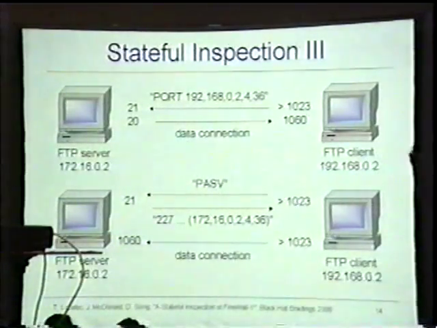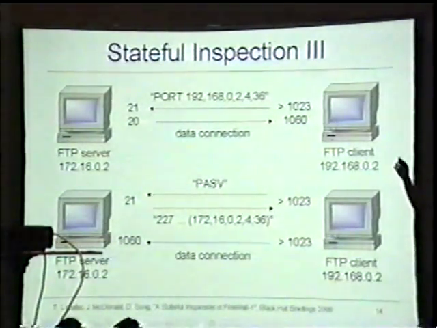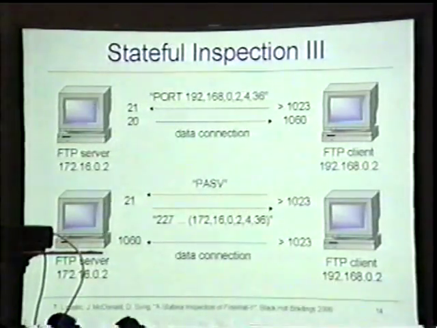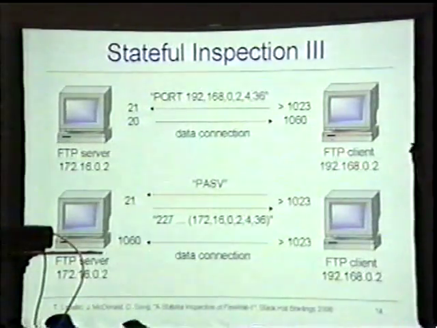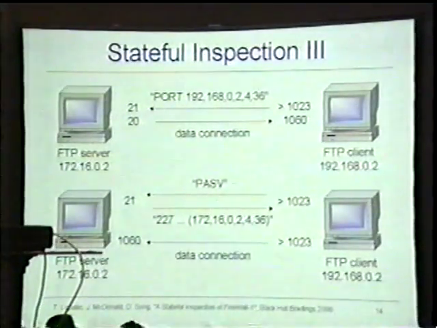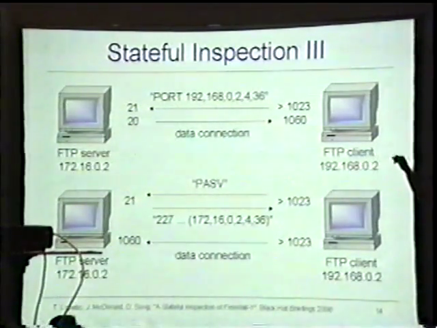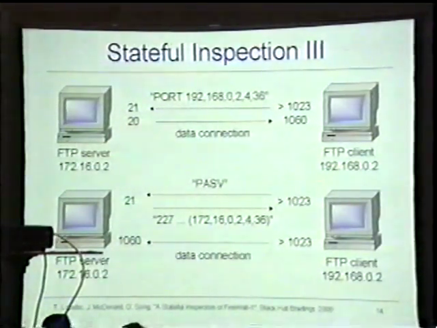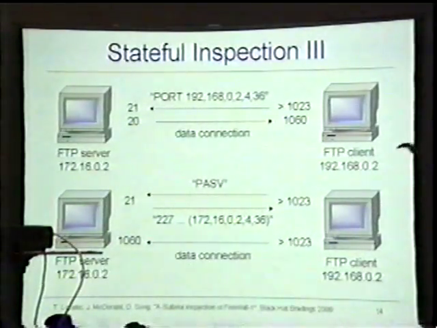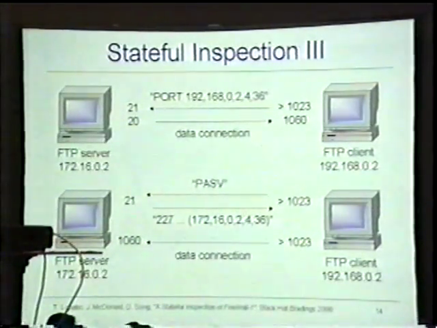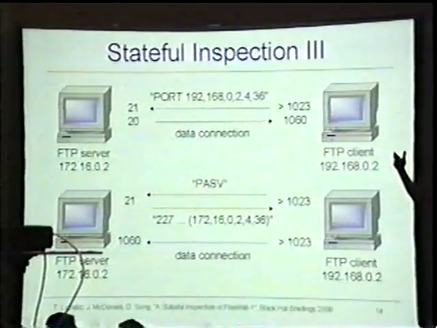The connections table is being monitored, and when Firewall-1 sees a packet that contains a PORT command, that is, the beginning of the packet has PORT and after that the port information, then it is parsed, and a corresponding entry is made into the pending table. And as soon as the data connection is seen by the firewall, it would look at the pending table and see, there's a data connection, and it matches the data connection that's in the pending table, and this will be moved to the connections table.